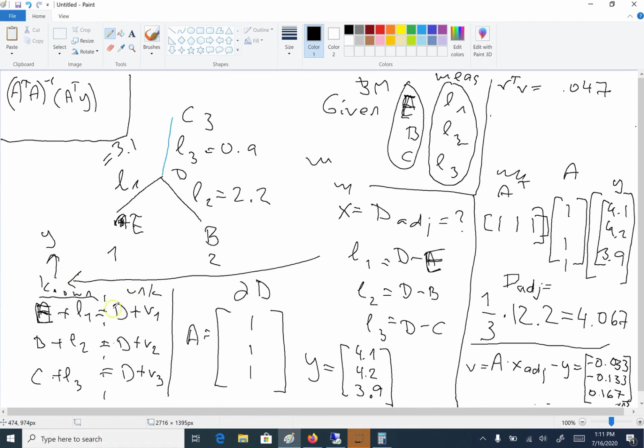Take the partial with respect to the unknowns. That's going to be our Jacobian matrix. And then plug it back into the generic solution, A transpose A inverse A transpose Y. And then calculate the residuals to make sure that the residuals are small. And then we can calculate the sum of the squares of the residuals.